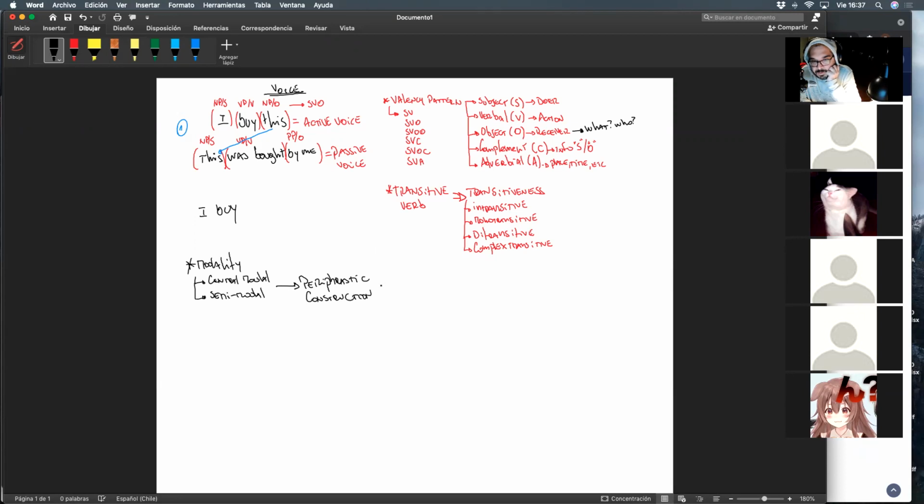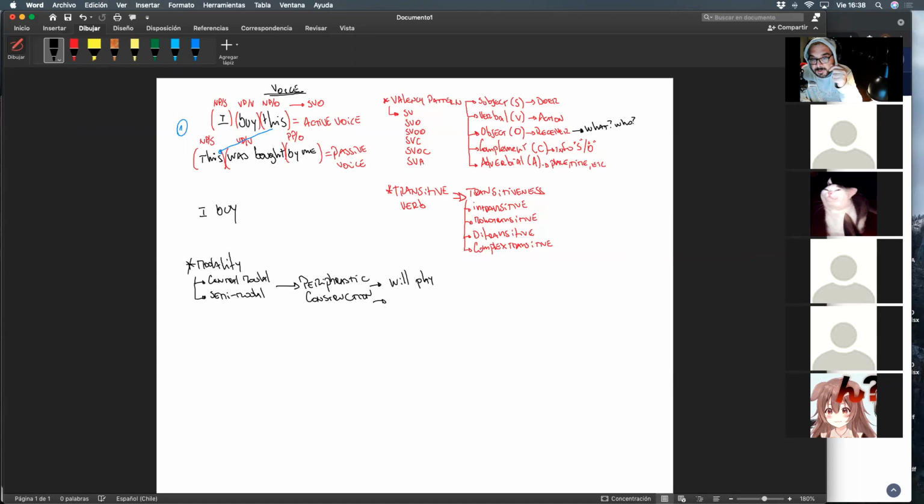A periphrastic construction, then, is the presence of an item which will provide grammatical information about the following item. Therefore, when you use a central modal, like in this example, you have a periphrastic construction because the central modal will is only there to produce the idea of future meaning for the main verb play, right?